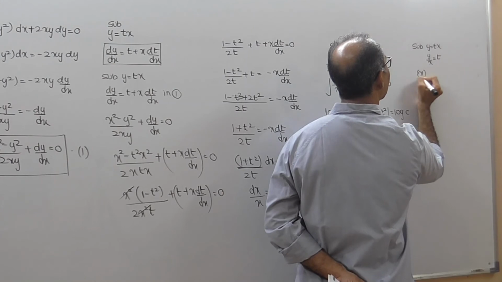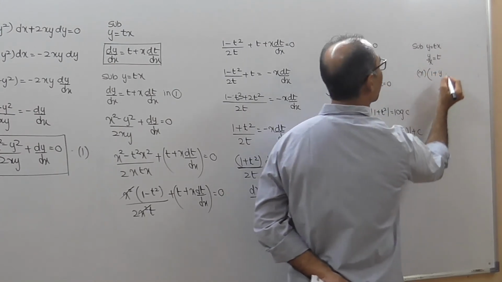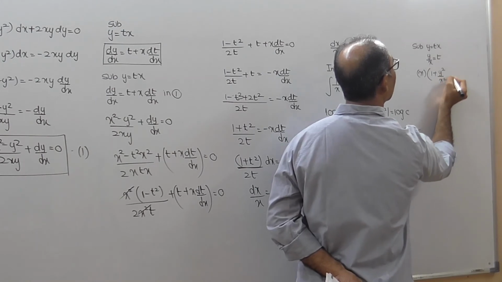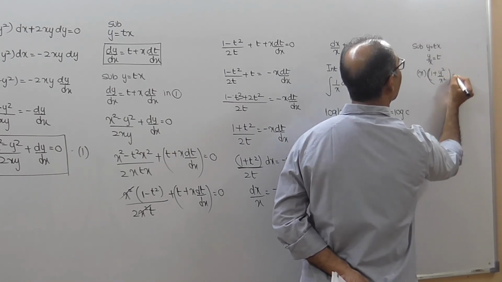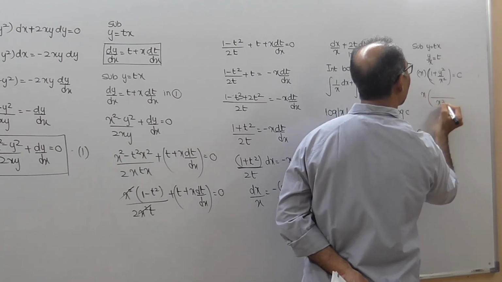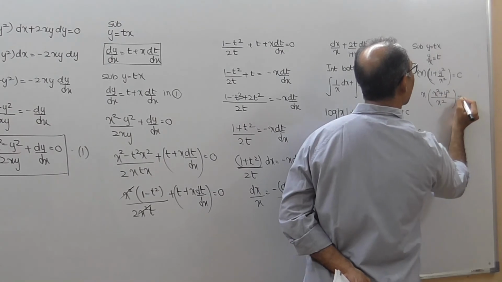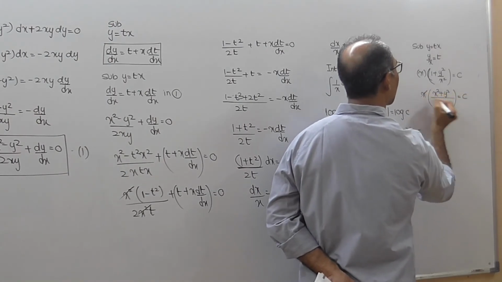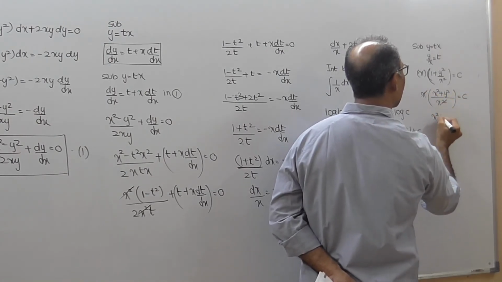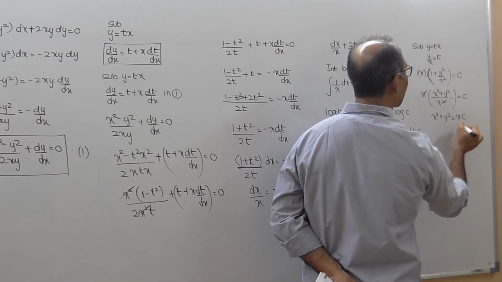So this is x, this is 1 plus t square, so it will become y square upon x square, and that is equal to c. You get x, take LCM as x square, you get x square plus y square equal to c. Cut this, you get x square plus y square equal to x times of c.